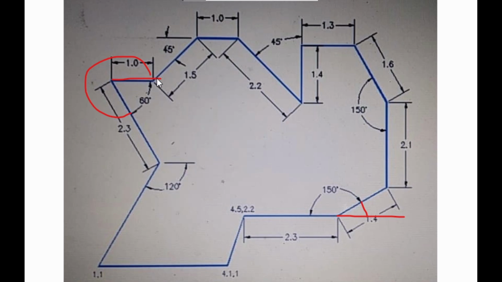So given that this angle is 60 and we've already known that, the only value we need to find is the equivalent value of this arc.